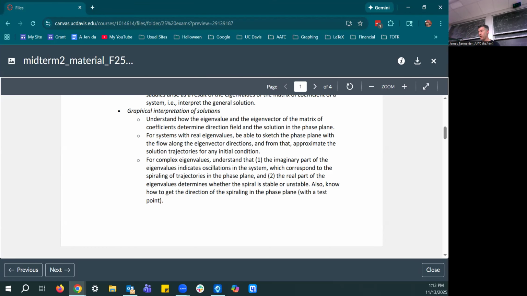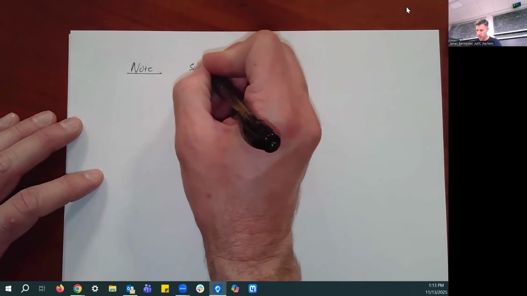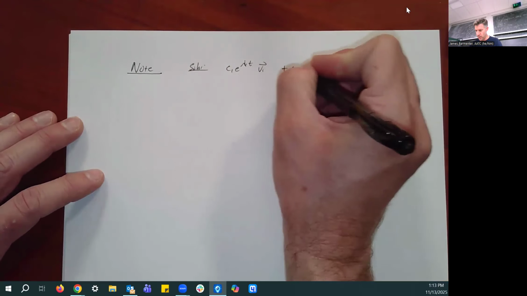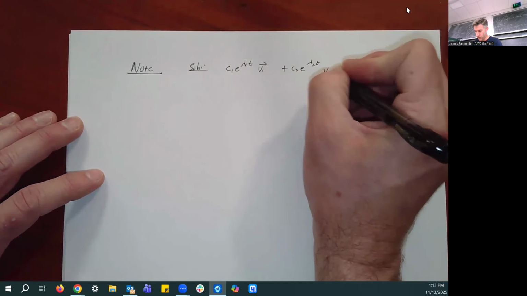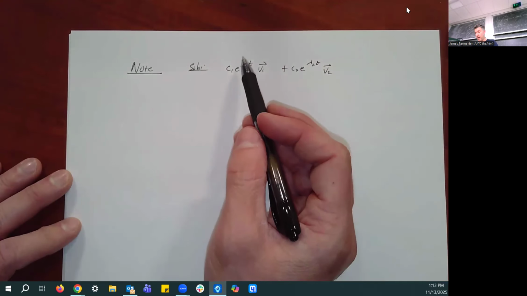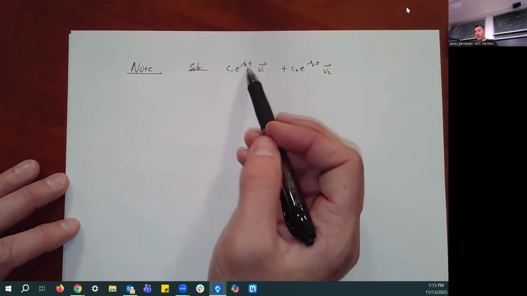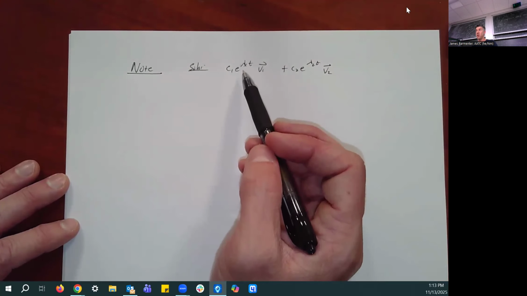So one thing to remember is a reminder that your solutions look like C1 e^(lambda 1 t) times V1 plus C2 e^(lambda 2 t) times V2. If lambda is positive, the e to the lambda t thing gets bigger. If lambda is negative, it gets closer to 0.